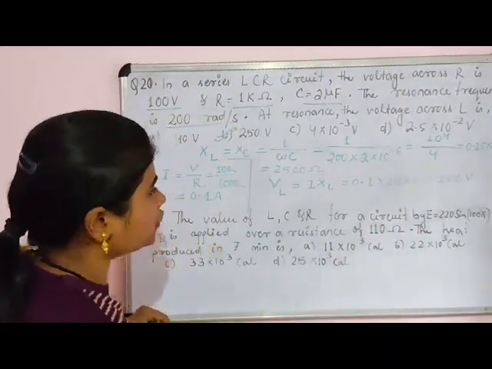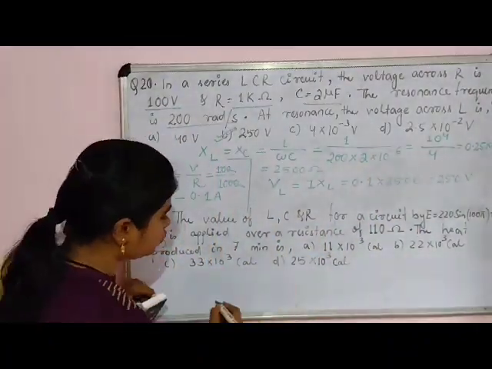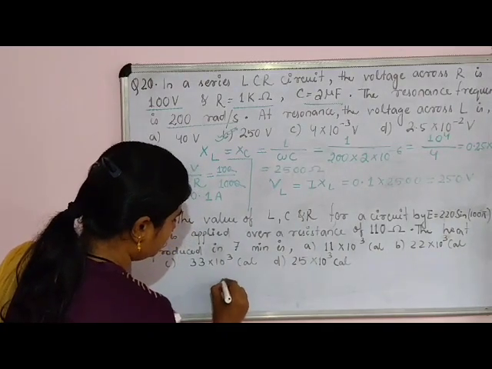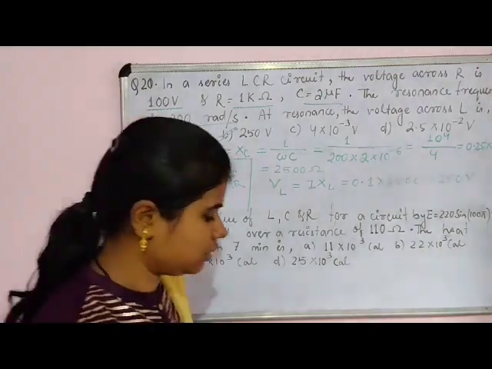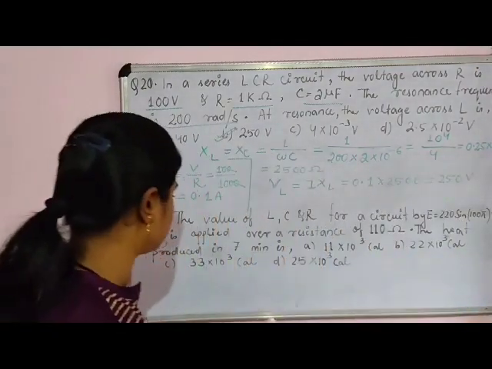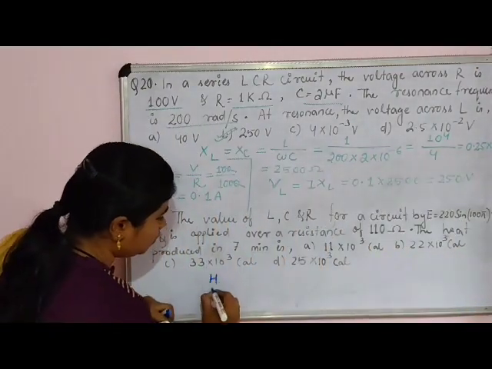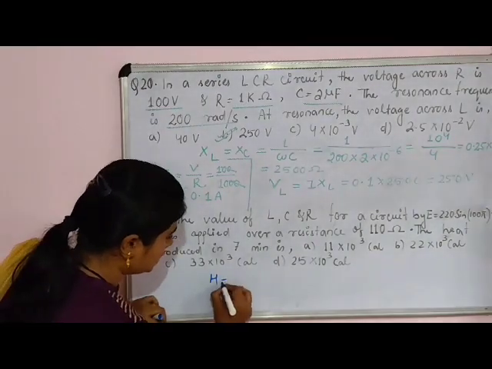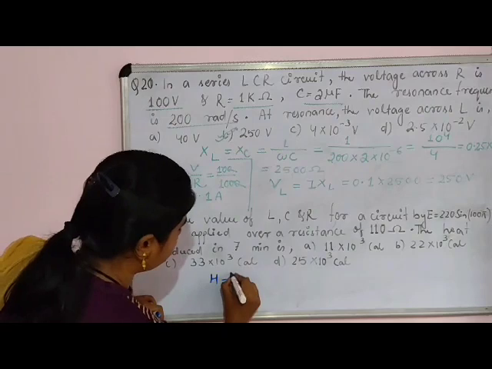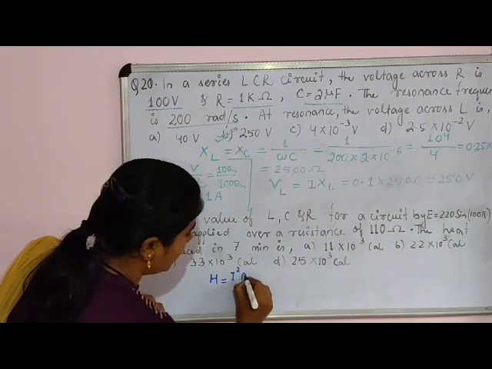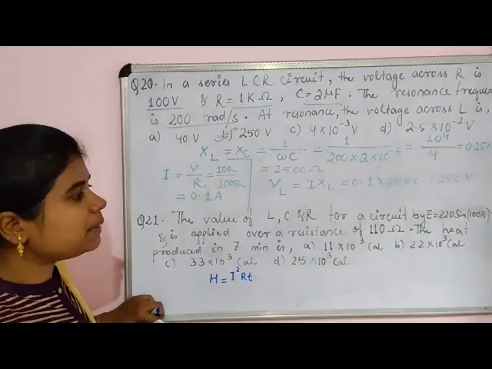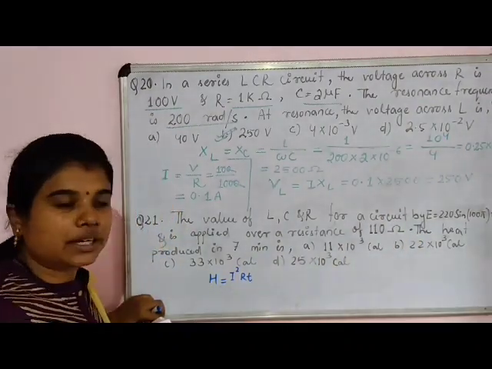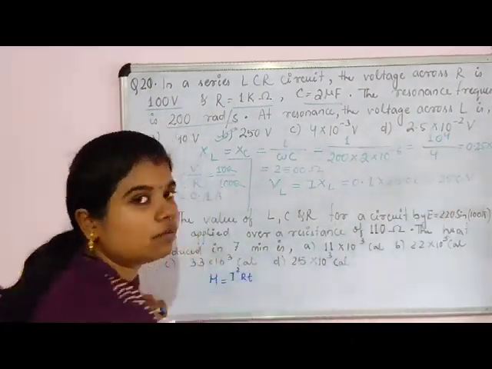First of all, we know by Joule's law of heating, let me change the marker please. By Joule's heating effect, H is equal to I square R T. Since we do not have the value of current, we can use the value of voltage here.